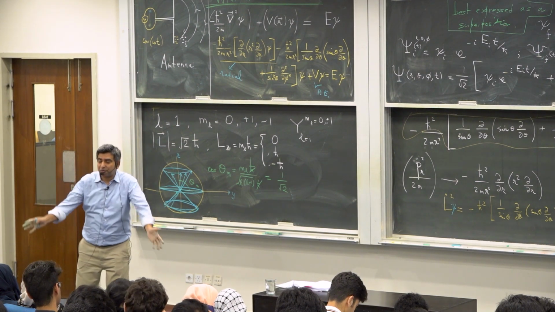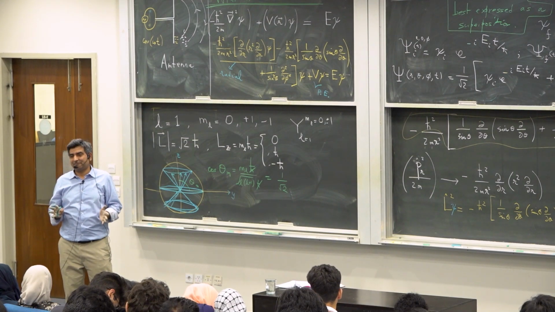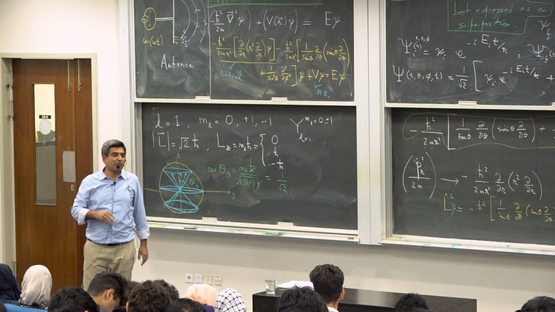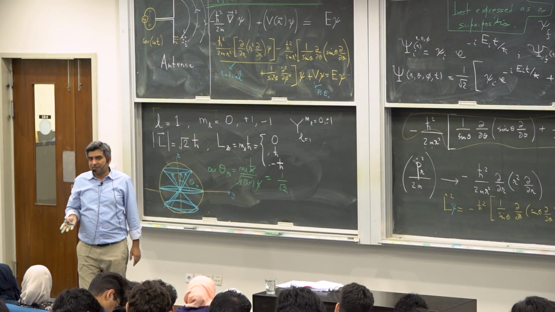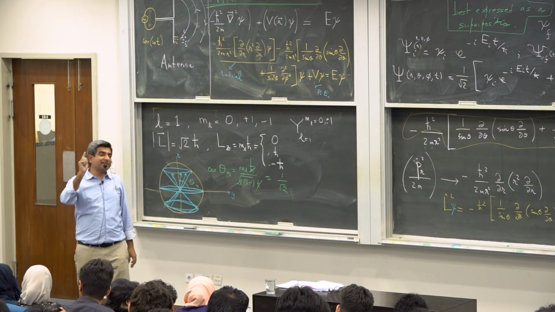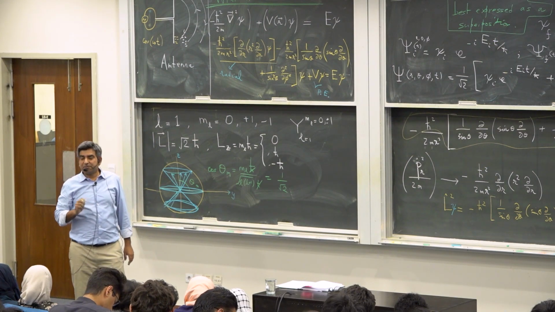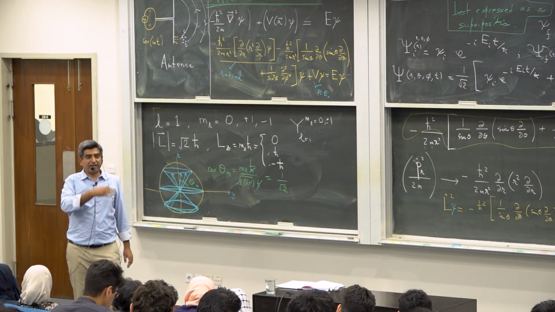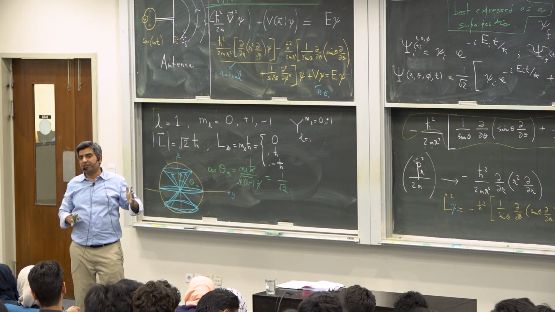So the isotropy of space is broken. But how does an electron know what is the z-axis, x-axis, or y-axis? By default, it doesn't know. You have to break the symmetry to define a z-axis, which means you might have to apply an electric field or a magnetic field to break the symmetry so that the z-axis is defined.